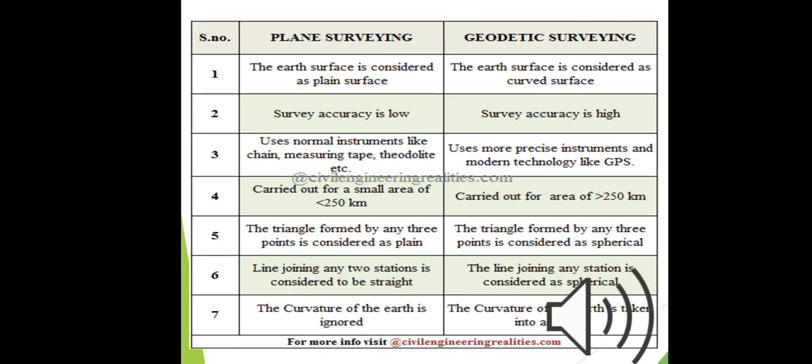Similarly, line joining any 2 stations is considered to be straight in plain surveying, but in geodetic surveying, the line joining any 2 stations is considered as spherical. The curvature of the earth is ignored in plain surveying, but the curvature of the earth is taken into account in case of geodetic surveying.